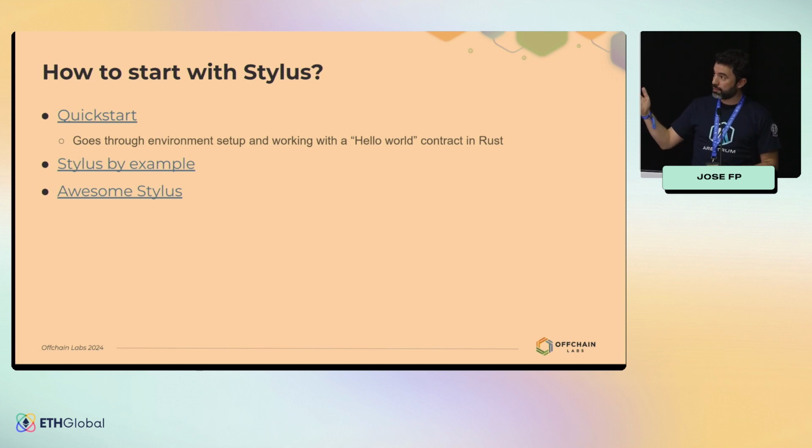Stylus by Example has more information about small details that you have to take into account when you write smart contracts in Rust. Like, for example, how you emit a log in a smart contract, right? Stuff like that. And Awesome Stylus is a repository of projects that have been built in Rust and other languages as well, for Stylus. Okay, so you can see many more examples of things that you can do there.